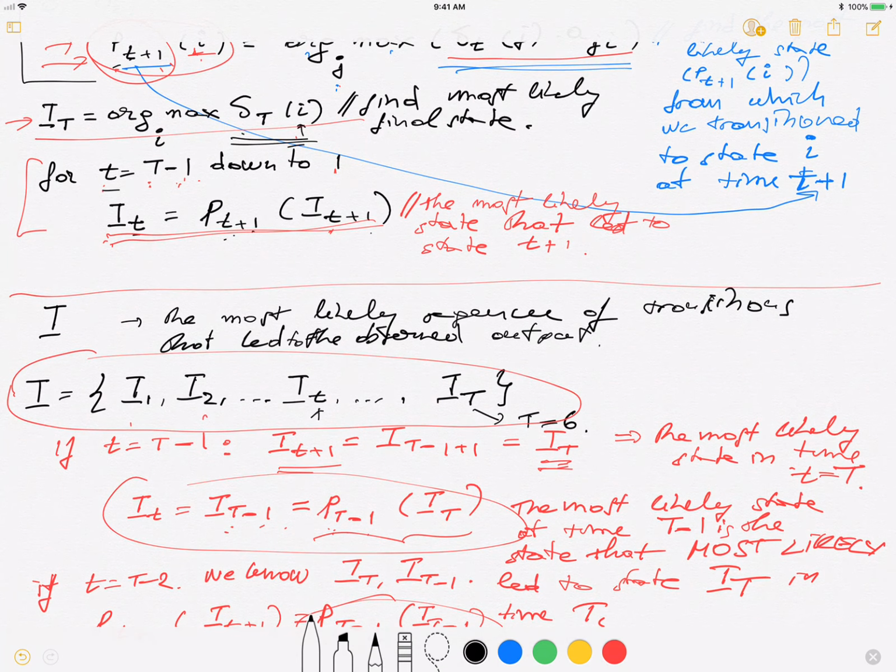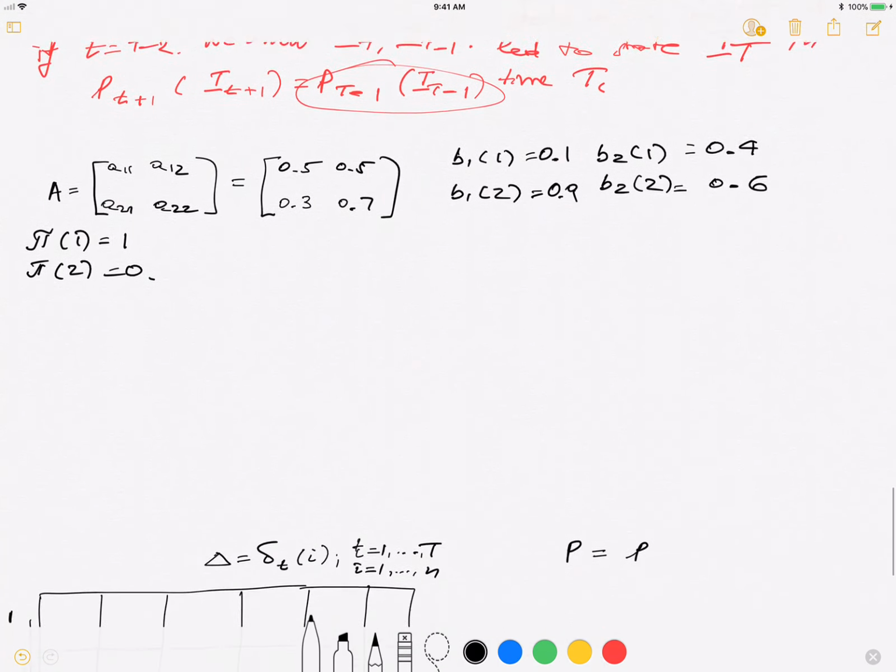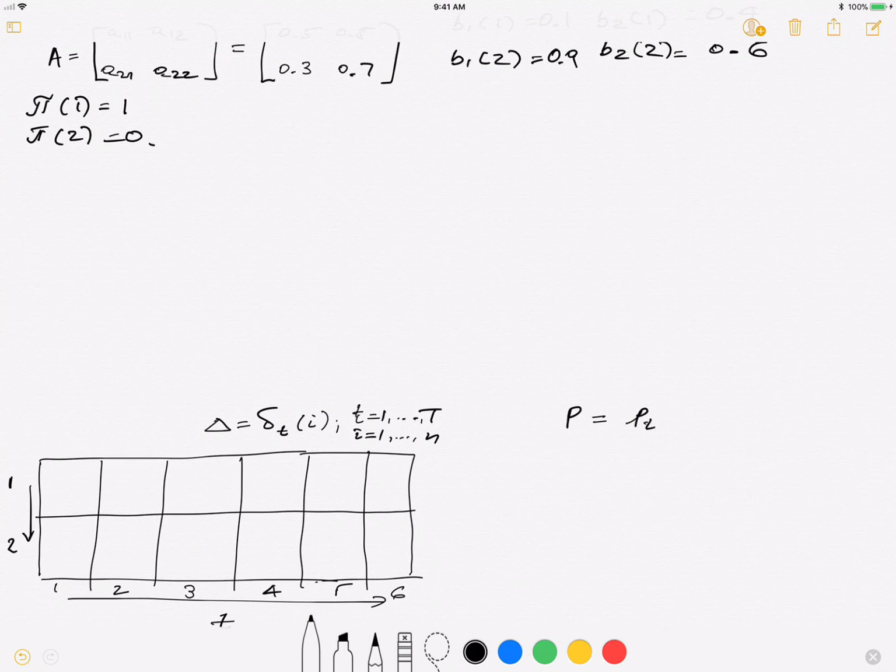So I have one index for time and another index for state.